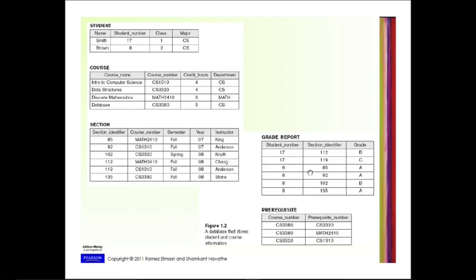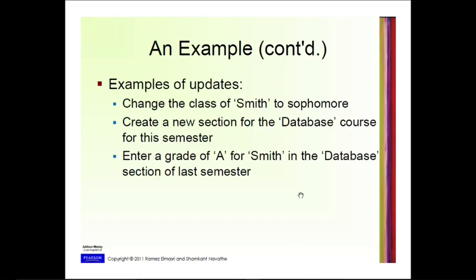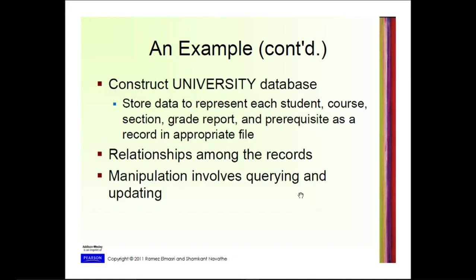So many permutations and combinations are possible, and based on that we will be writing the query and we will get the result, okay? So this is one simple database we have. Here, relationship among the records is important in manipulating, which involves querying and updating.